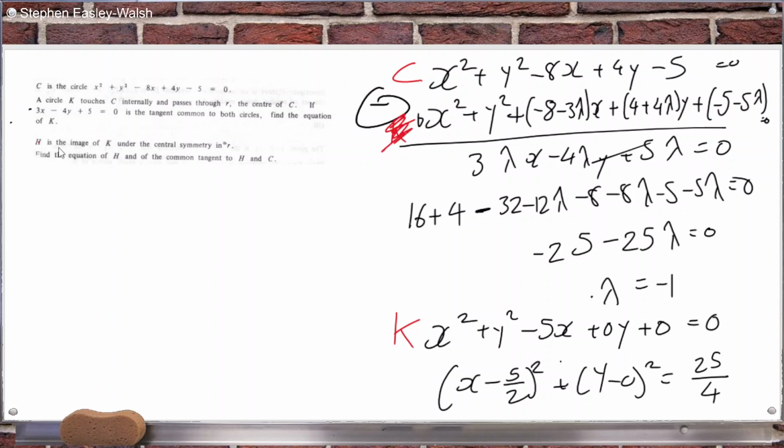Okay. H is the image of K under central symmetry in OR. Find the equation of H and of the common tangent to H and C. Okay. So let's go back to C. I forget, it was something like here.